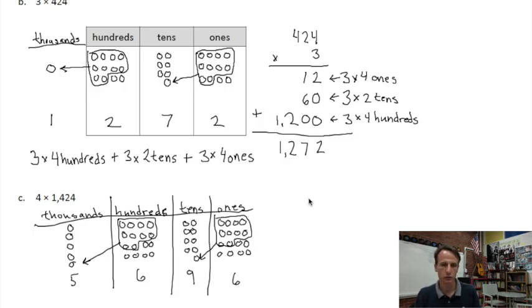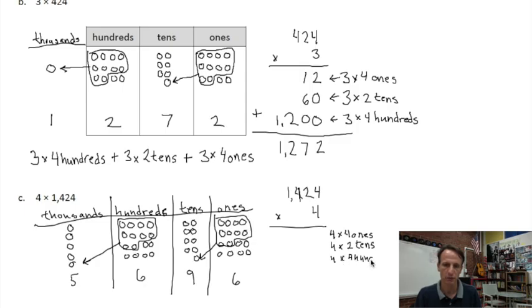Great. Now let's do it out in partial products. So 1,424, and I'm multiplying that by 4. So the partial products will be, first, 4 times 4 ones, and then 4 times 2 tens, and then 4 times 4 hundreds.